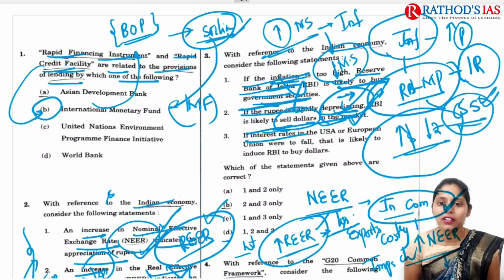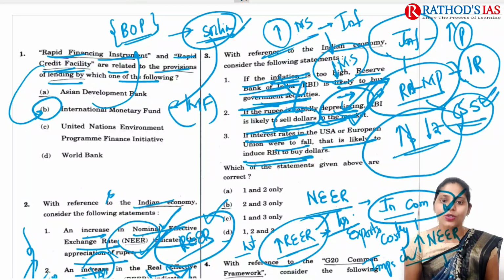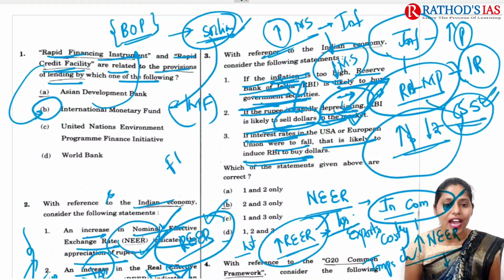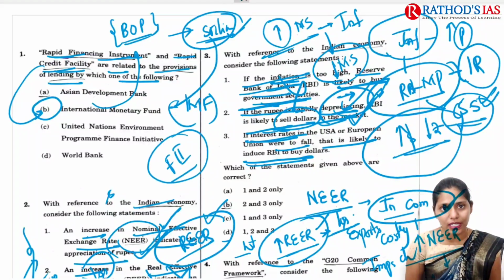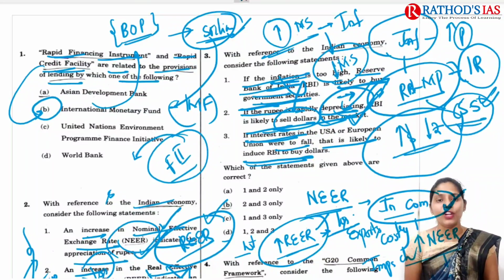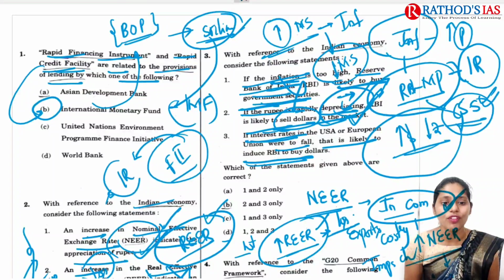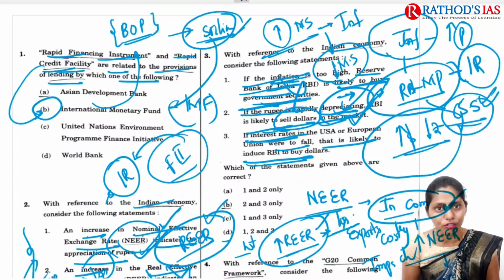And next one is, if interest rates in the USA and European Union were to fall, that is likely to induce RBI to buy dollars. So recently we saw that FII, foreign investment in India. Then what happened? There is an increase in the value of the dollar because there is an increase in the interest rate by the Federal Bank of USA.